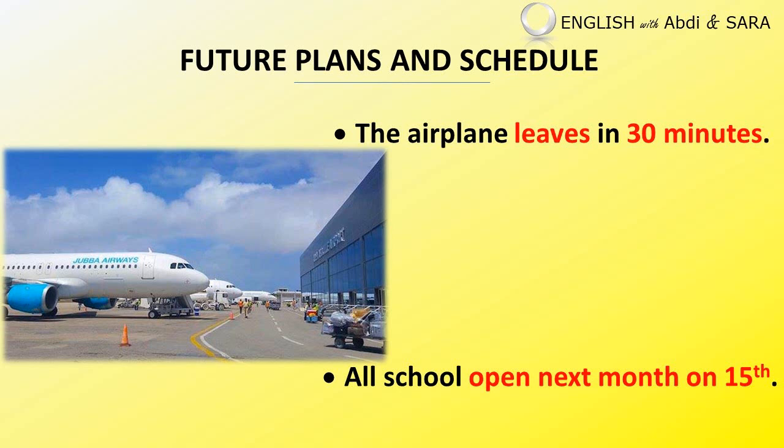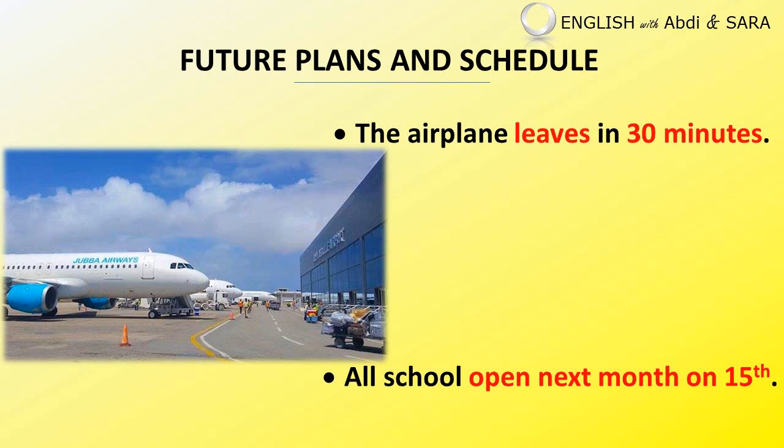It means the action is not yet done, but it is sure and it has been planned in the next few minutes in the future time. Our verb leaves has a suffix s because the plane is singular. The time 30 minutes indicates a future adverb or a future time.